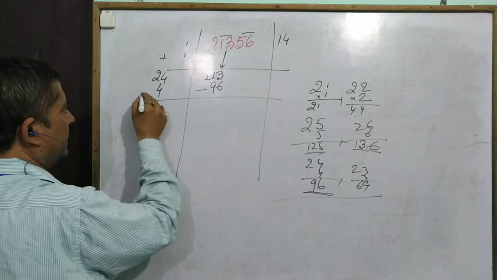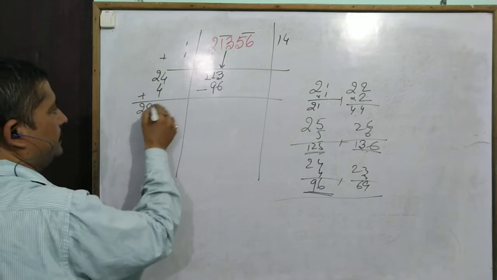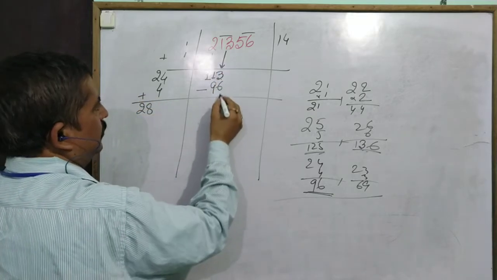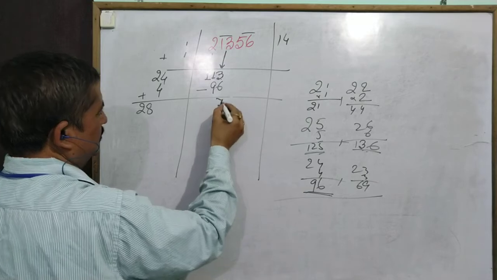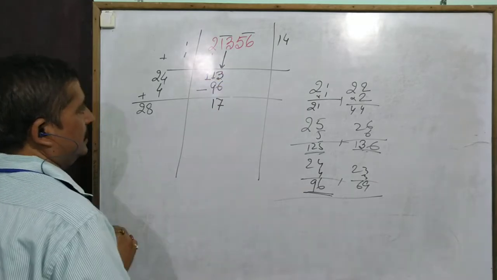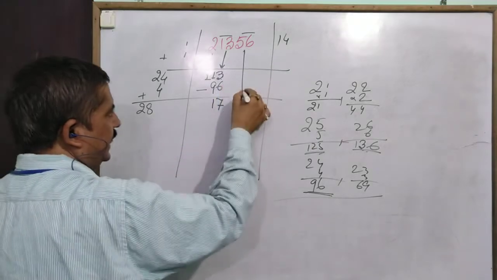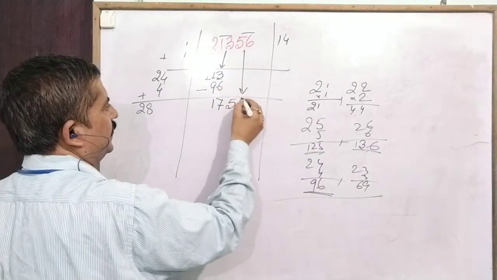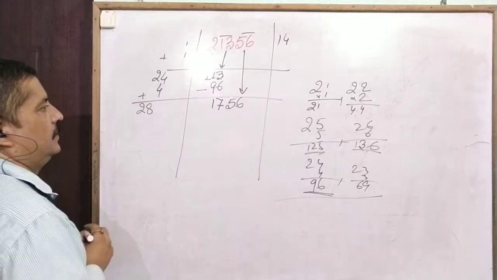Again subtraction and again adding. So 13, 7, 70. Again carry over the pair of that number.